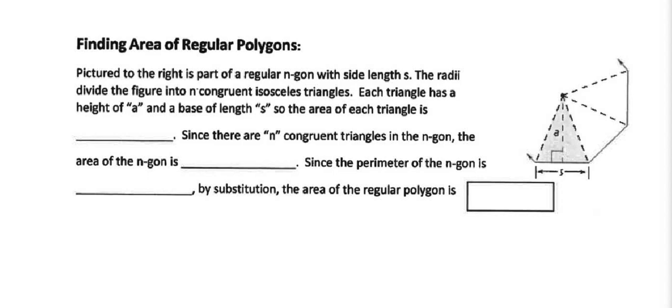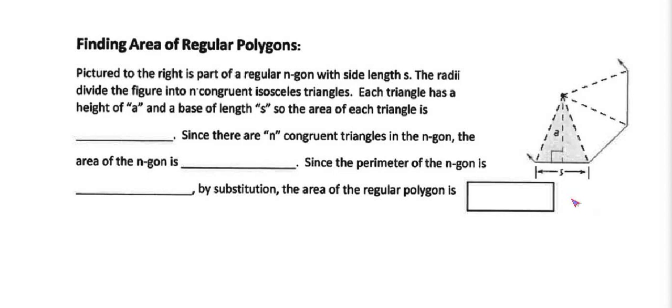Next, let's talk about how to find the area of a regular polygon. So let's derive that formula. Pictured here to the right is a part of a regular n-gon with side length s. The radii divide the figure into n congruent isosceles triangles. N is the number of isosceles triangles.